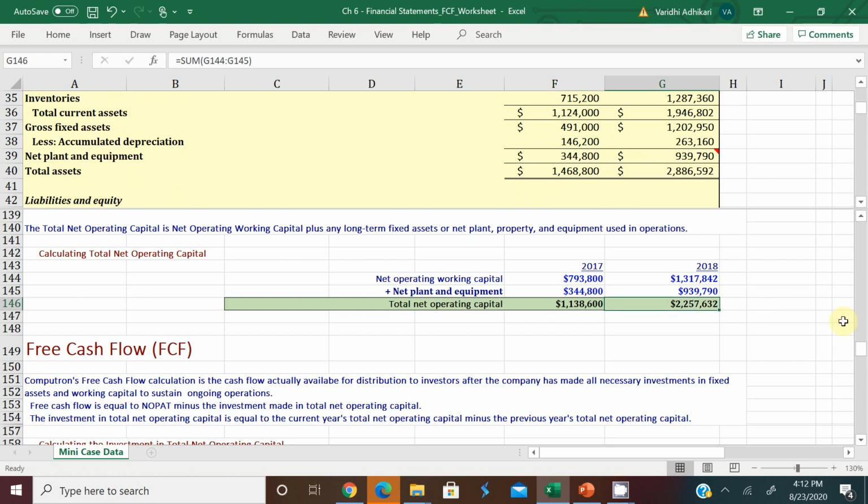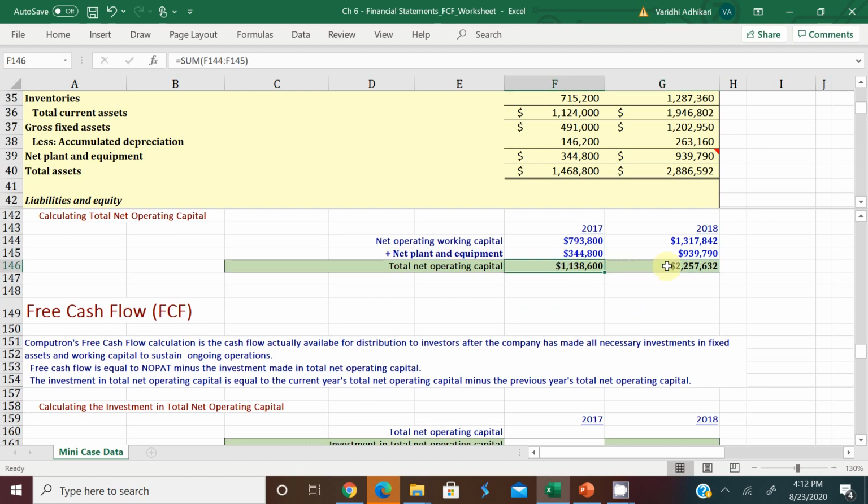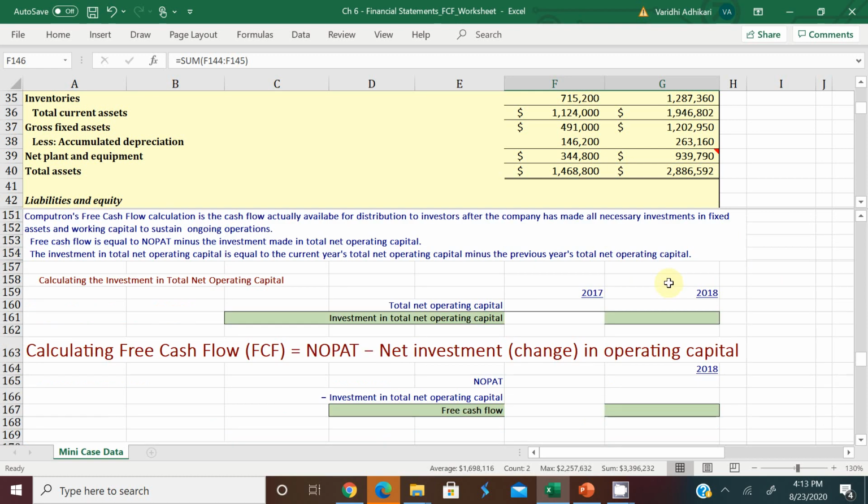That means this company made a massive amount of investment. The difference between these two will be the investment in net operating capital in 2018, right? So this is an amount of investment needed to run the business, required for the business to run smoothly, right? So we have to consider this difference in order to calculate the free cash flow of 2018.